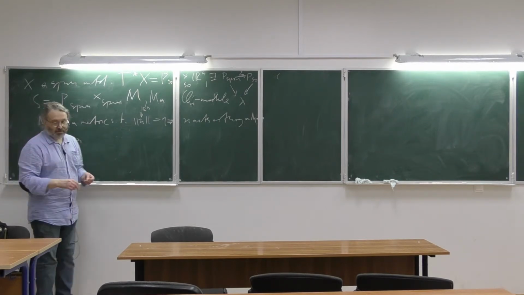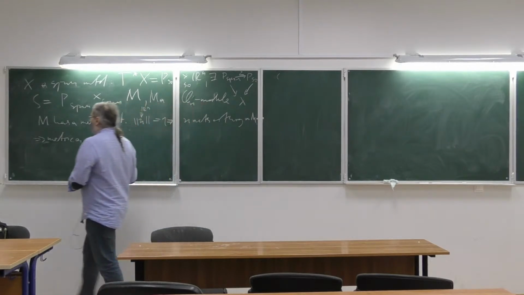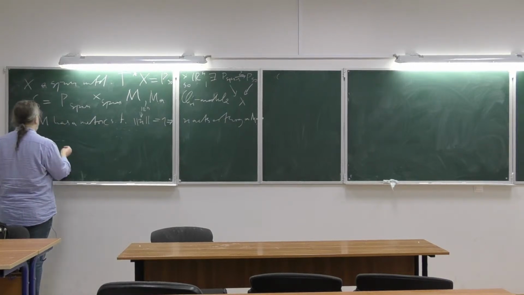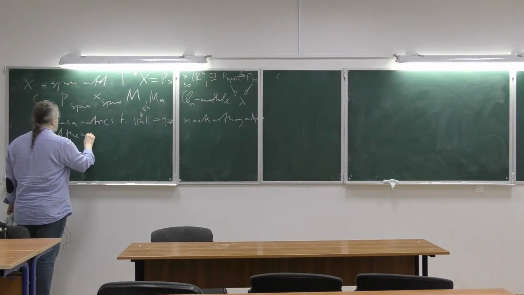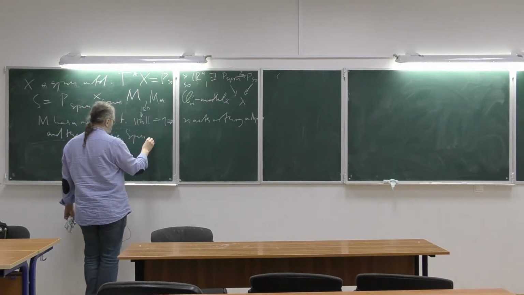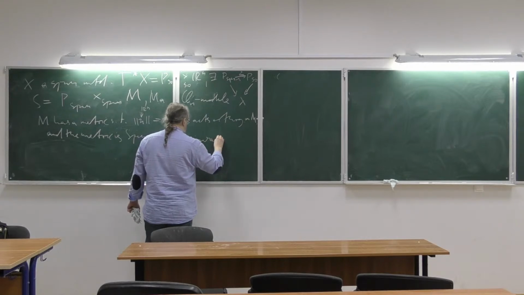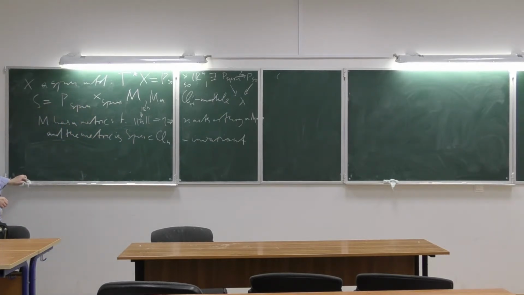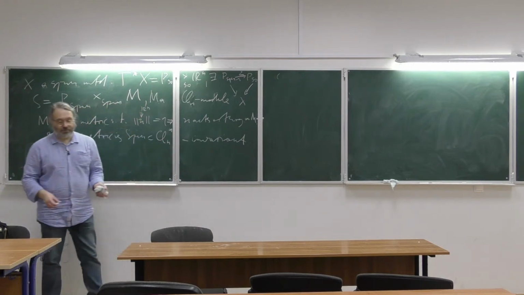And let me also mention this. And the metric is invariant with respect to spin, which we view as a subgroup of invertible elements of the Clifford algebra.